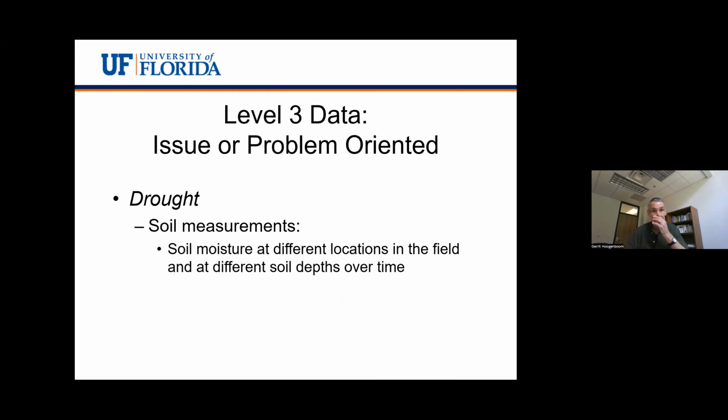If you're interested in looking at other responses of the model, especially looking at how well it responds to inputs such as irrigation or nutrients, it could be important, it's not required, but you can look at measuring soil moisture at different depths or different locations in the field over time to compare simulated soil moisture for the different layers versus the observed soil moisture.